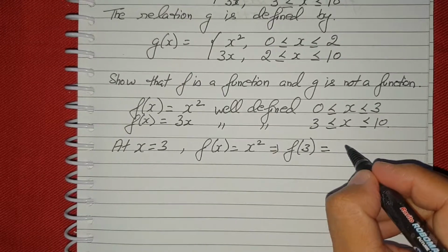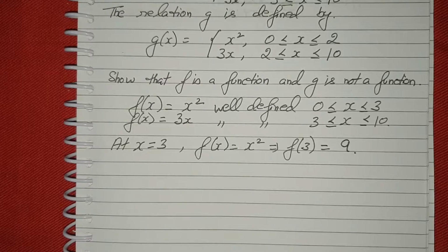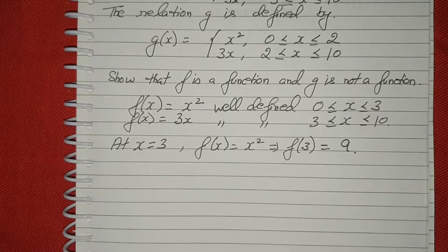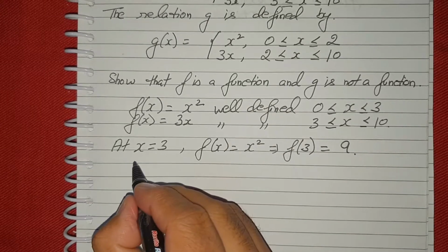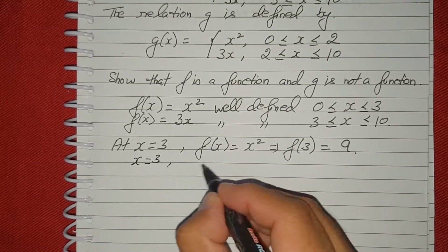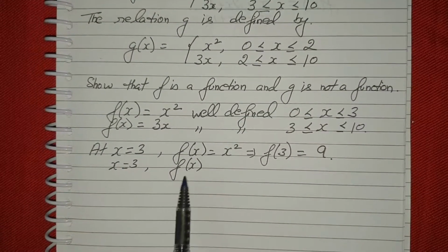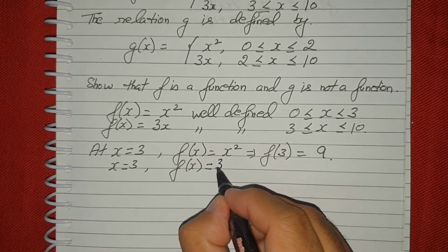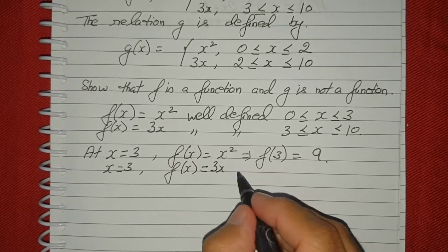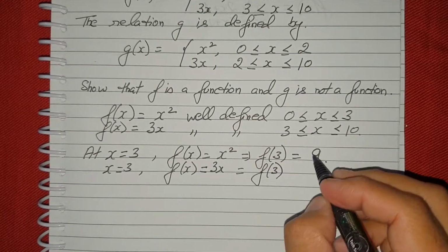So f(3) equals 9. Now again at x equals 3, f(x) equals 3x. We are taking this. So what is f(3)? f(3) is again 9.